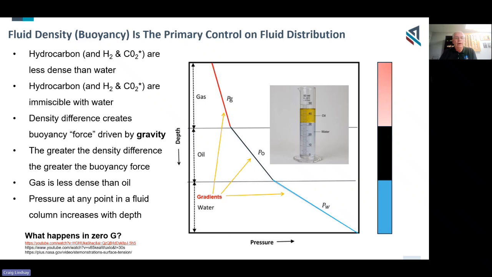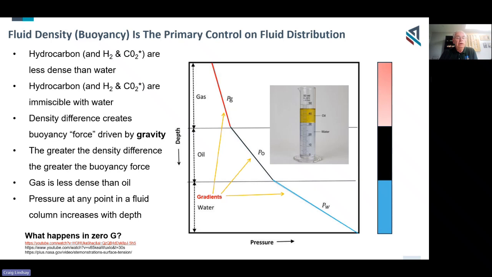You can see there I've got a measuring cylinder with oil and water in, and we all know that oil floats on water. That separation is driven by gravity, and the greater the density difference between the phases, the stronger the buoyancy force is. In the diagram here, I'm showing a water pressure gradient, followed by an oil pressure gradient, followed by a gas pressure gradient in the subsurface. The gas is less dense than the oil, which is less dense than the water.